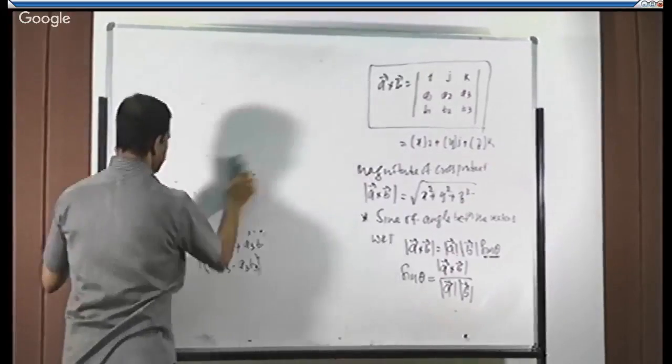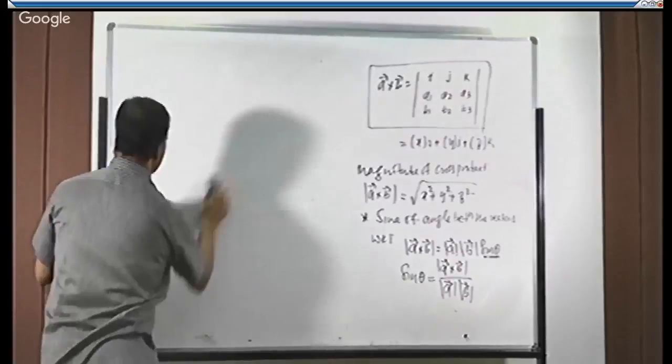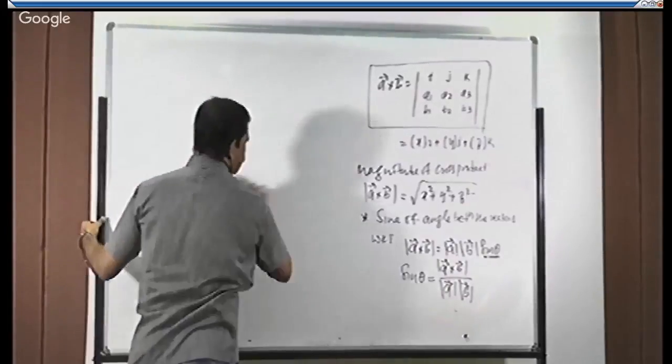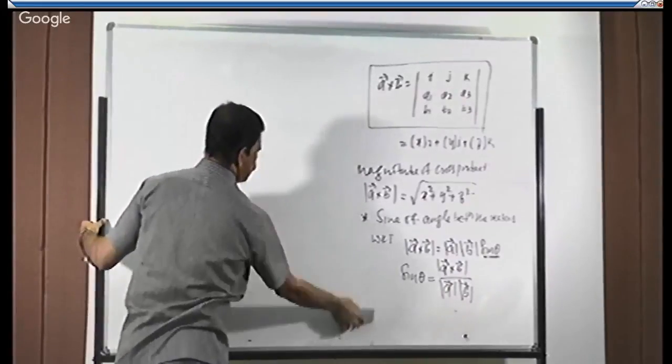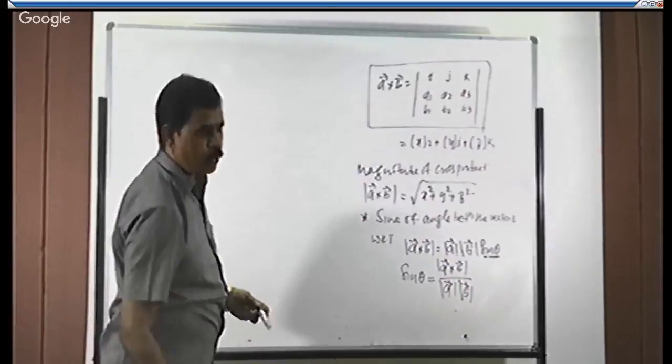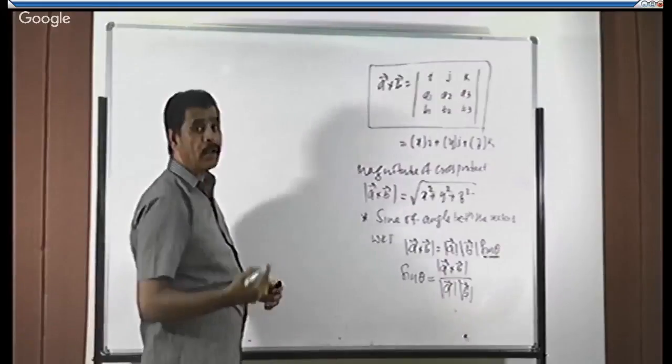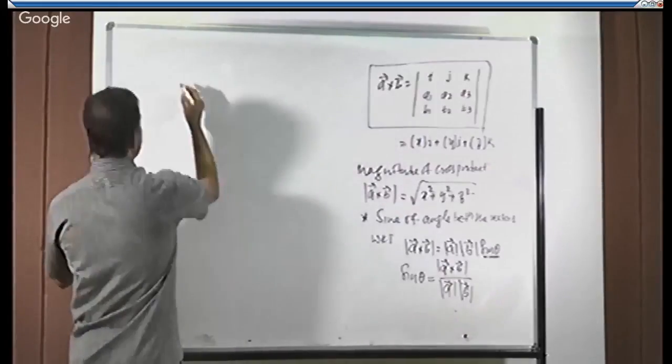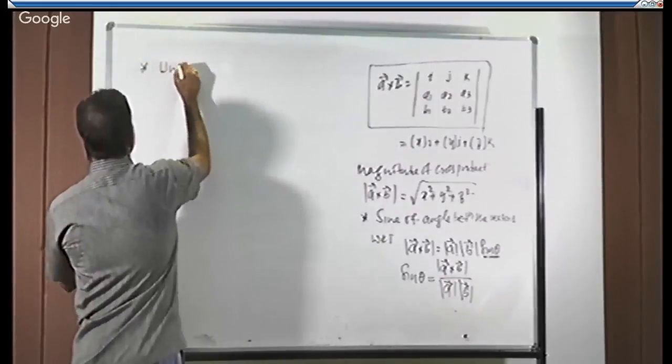Next property, we can get a unit vector perpendicular to both A and B. That will be along A cross B, right?